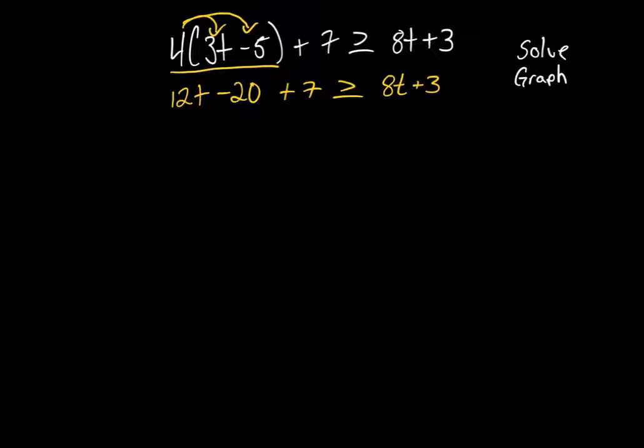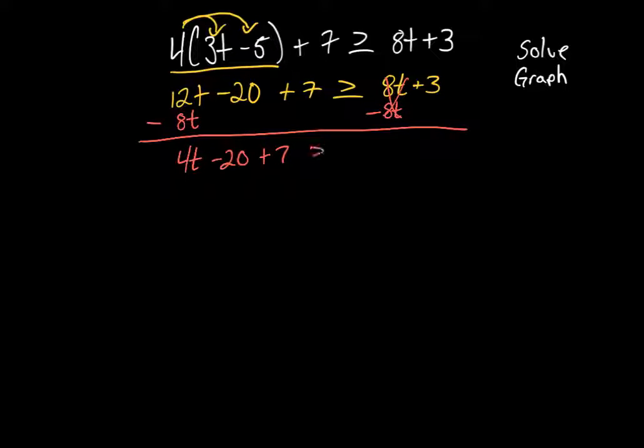Let's get our variables on the same side because we have them on two different sides. We have 12t over here and 8t over here. And so what I'm going to do is I'm going to bring the 8t to the other side by subtracting 8t and subtracting 8t. And then I get 12t minus 8t is 4t minus 20 plus 7 is greater than or equal to 3.